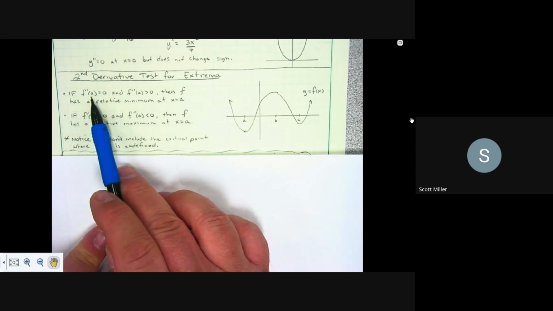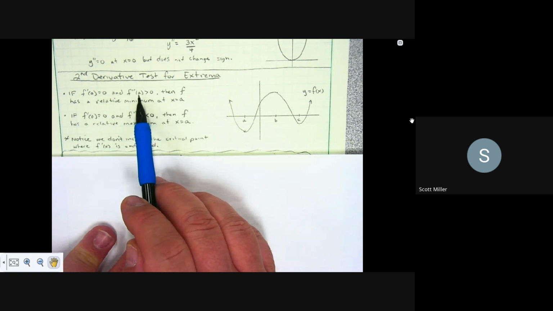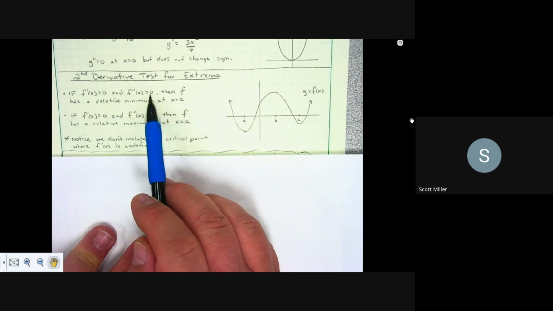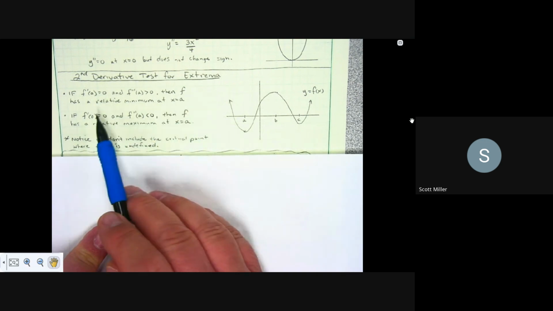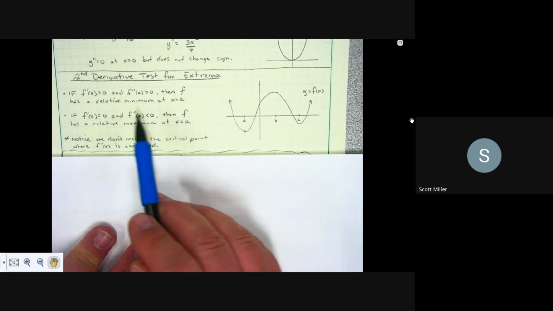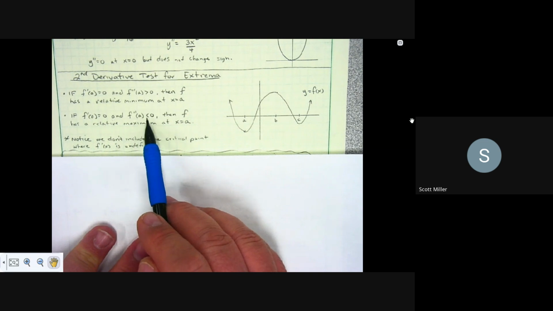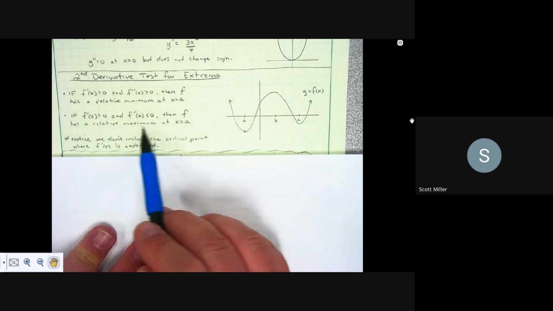If I take that critical point and plug it into the second derivative, and I get a positive answer, then I'll have a relative minimum there. If I take the critical point where the first derivative was equal to 0, plug it into the second derivative, and I get a negative answer, then that function has a relative maximum there. Well, why is that?